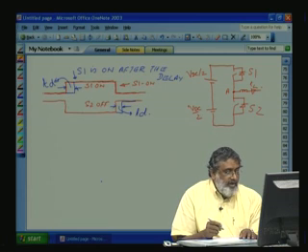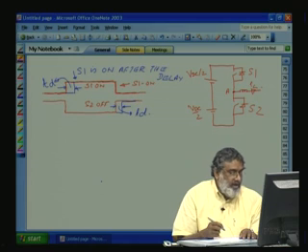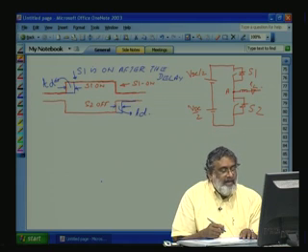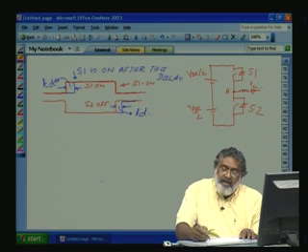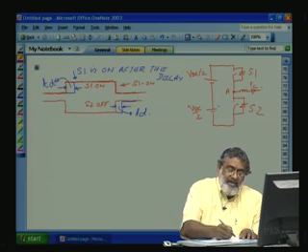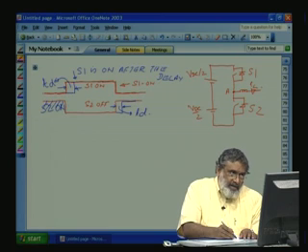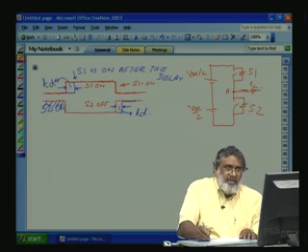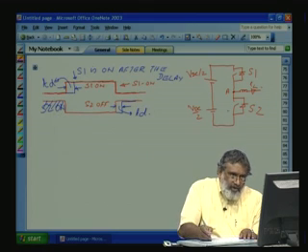But what will happen to the output voltage waveform? Let us say till this point S2 is turned on, that is, S2 on. Now, according to this current direction, till this point D2 will be conducting.